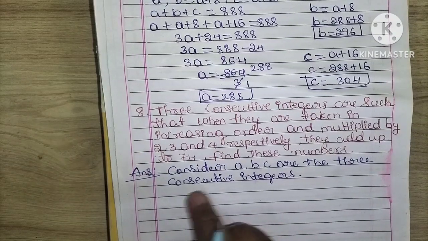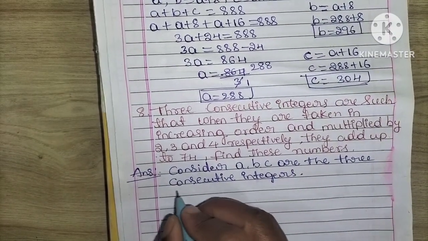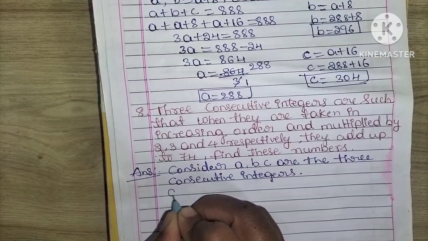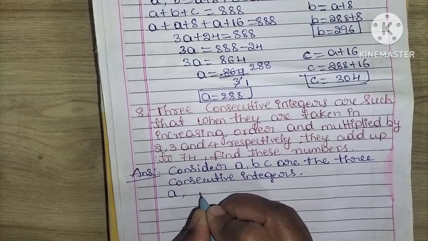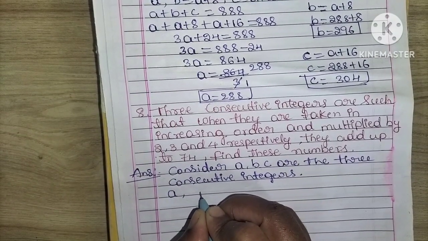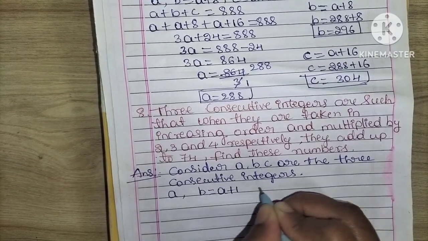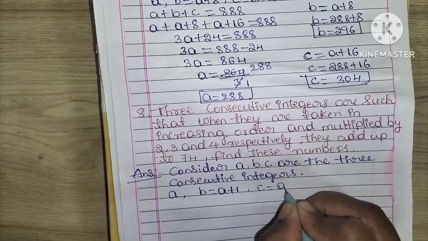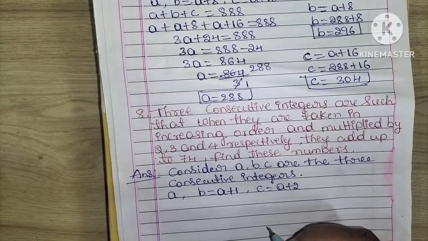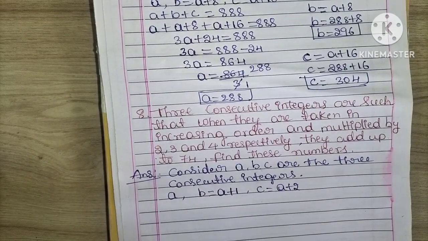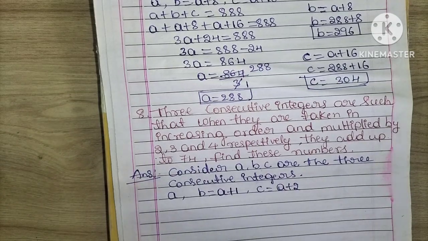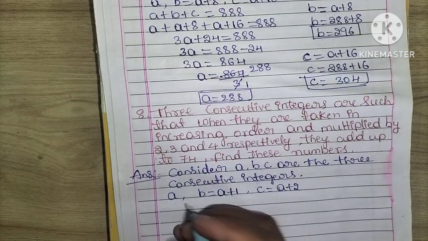They are saying consecutive integers. A is the first number, so B will become A plus 1, and C will become A plus 2, and also we can write C is equal to B plus 1. These numbers are in increasing order and multiplied by 2, 3 and 4 respectively.